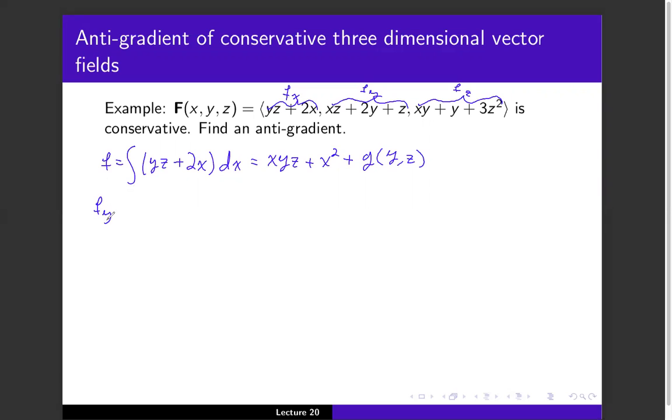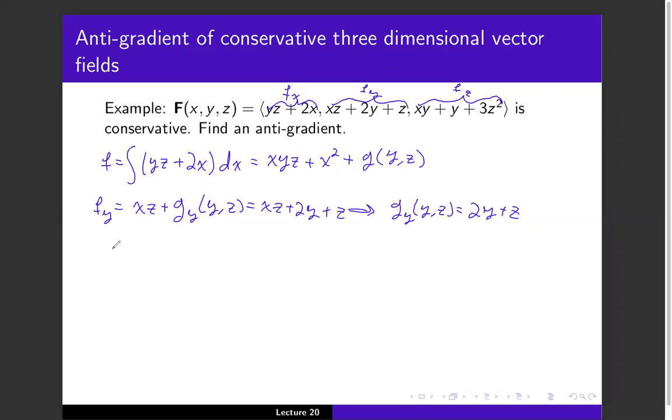So let's differentiate that with respect to y. That's going to give us xz plus g_y of y,z. But that is going to be xz plus 2y plus z. And that tells us that g_y of y,z is 2y plus z.